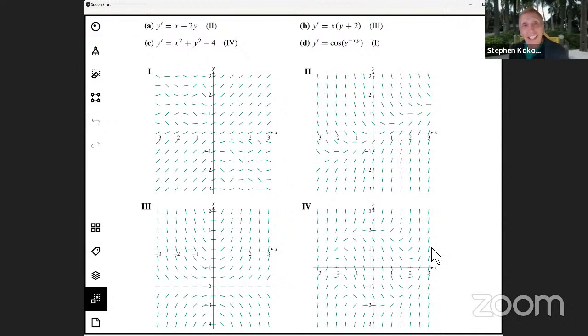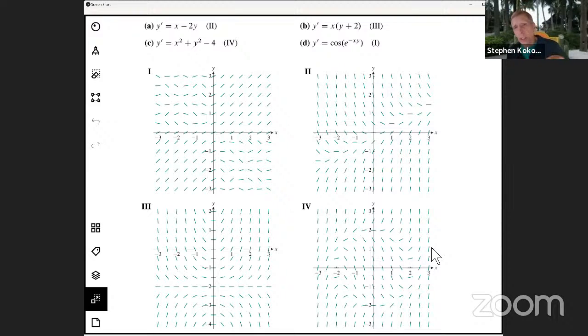When I solve these problems, I'm always looking for some sort of prescriptive, step-by-step process. I don't know if there is one, but here are a couple of things I do. I might look at what happens when I hold y constant. I might look along a horizontal line and ask, does the slope change?